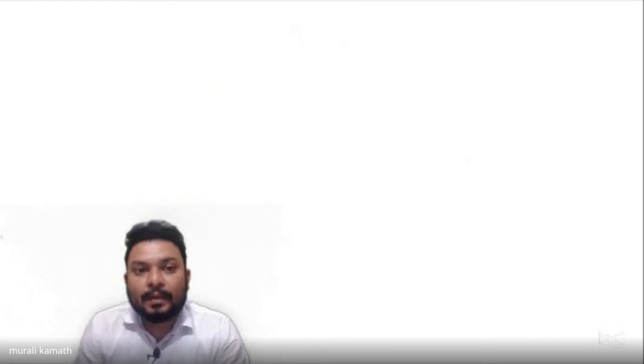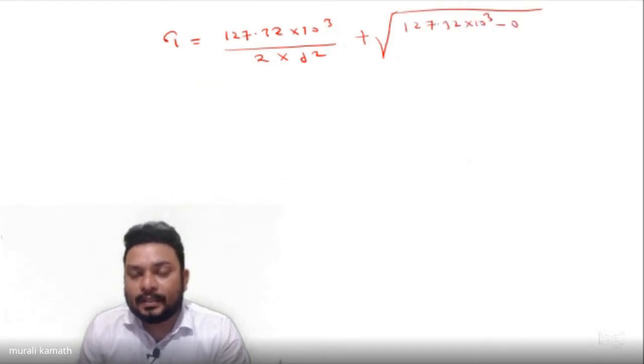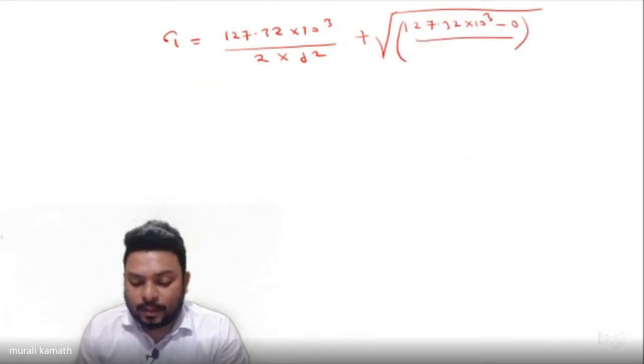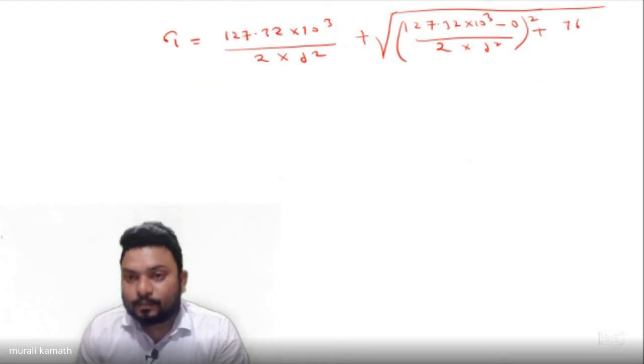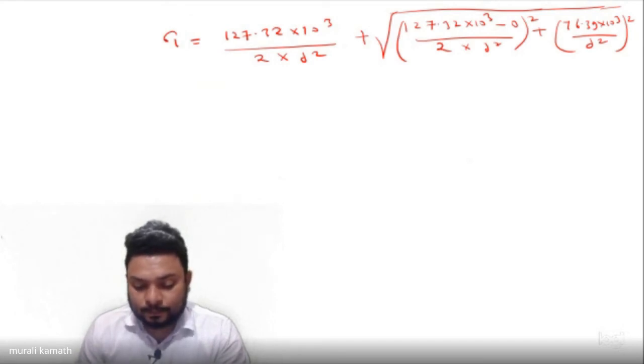So just place your values. Sigma 1 will be equal to 127.32 into 10 raised to power 3 divided by 2 into d square, plus under root of 127.32 into 10 raised to power 3 minus 0, divided by 2 into d square, whole square, plus 76.39 into 10 raised to power 3 divided by d square, whole square.